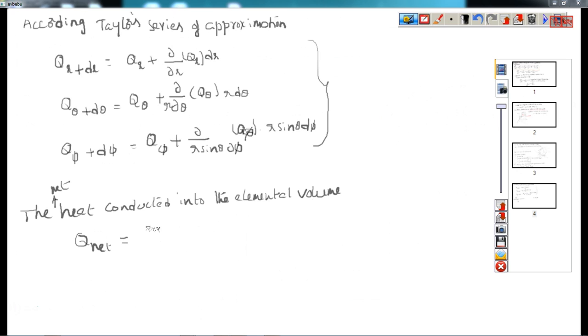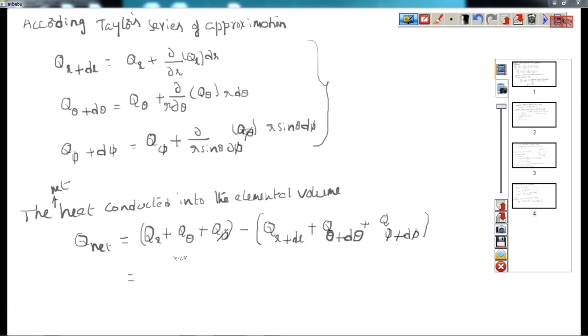Therefore I'll write Q r plus Q theta plus Q phi minus Q r plus dr plus Q theta plus d theta plus Q phi plus d phi, that is equal to, already it is there, so Q r and this Q r get cancelled, and Q theta and Q theta get cancelled, this and this also get cancelled.